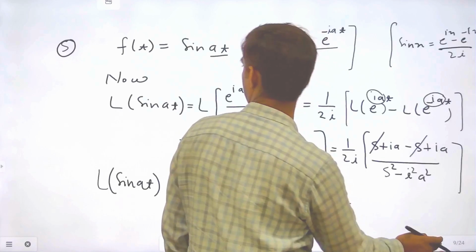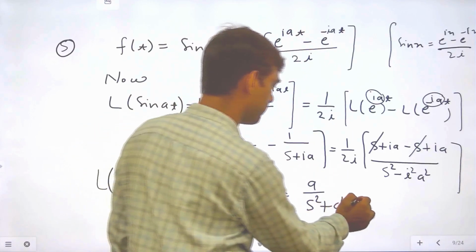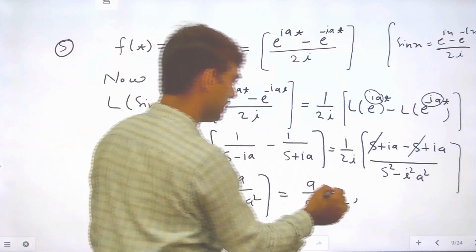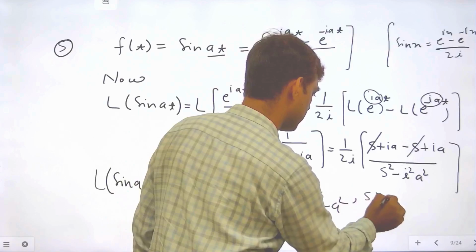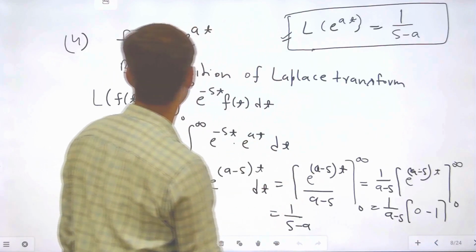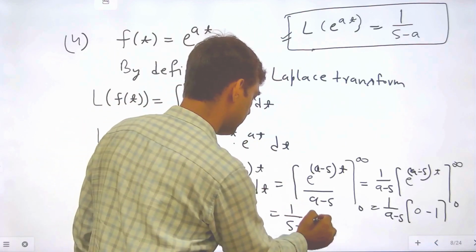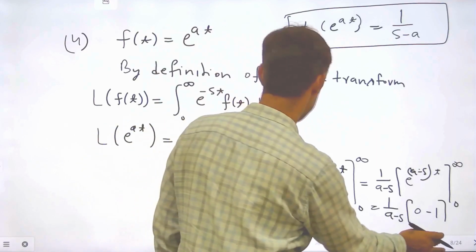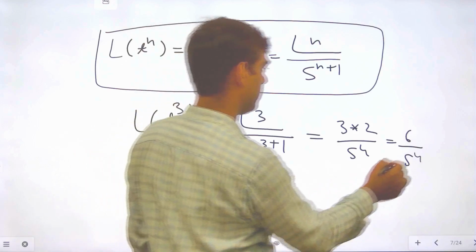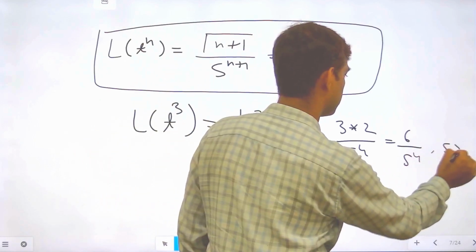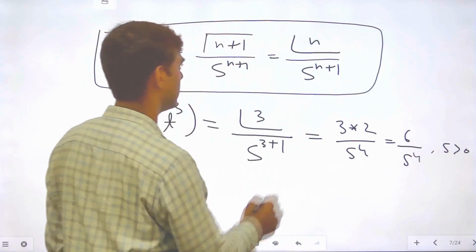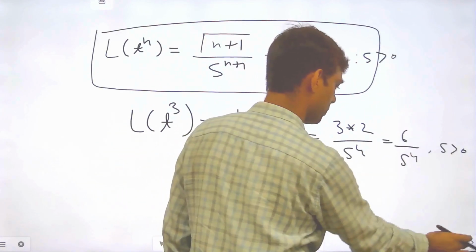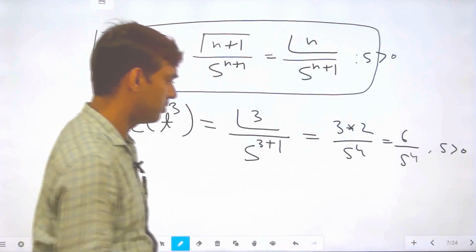Here we have missed out this one: in case of sin at, s is greater than 0. Also in case of s minus a, s is greater than a. And here s must be greater than 0, and also here s must be greater than 0.